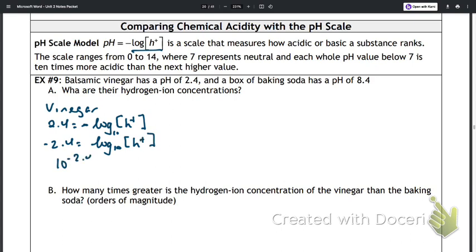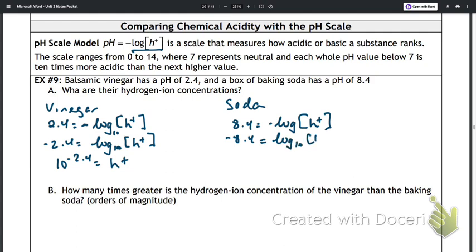So 10 to the negative 2.4 equals H plus. That's the hydrogen ion concentration for vinegar. The soda: working it out, we would get 8.4 equals a negative log of that. I'm going to divide by the negative. That has a base of 10. So convert it, I get 10 to the negative 8.4 equals that hydrogen plus.